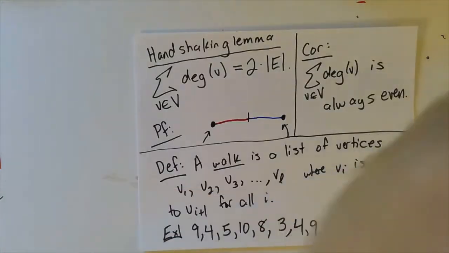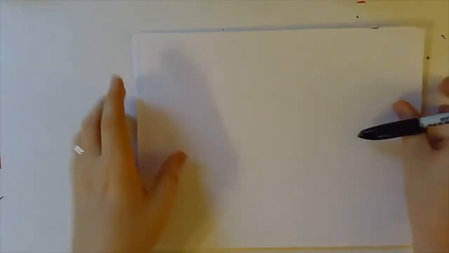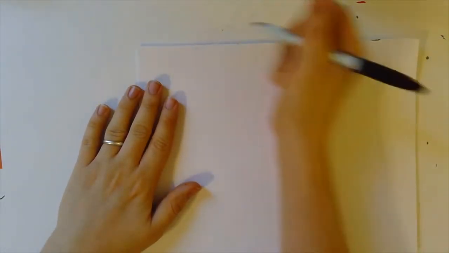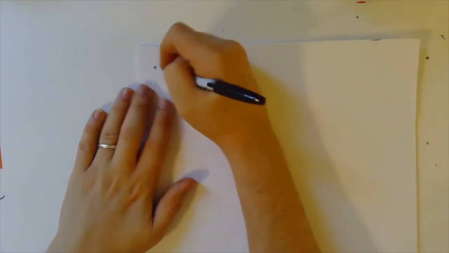Now, there are 2 specific constraints that you might want to put on your walk. Namely, you might want to say that you never repeat edges. And if you want to say that you never repeat edges, then it's called a trail.